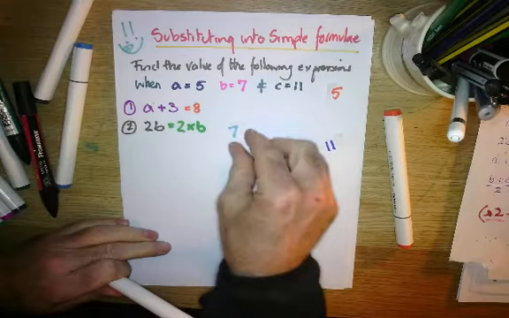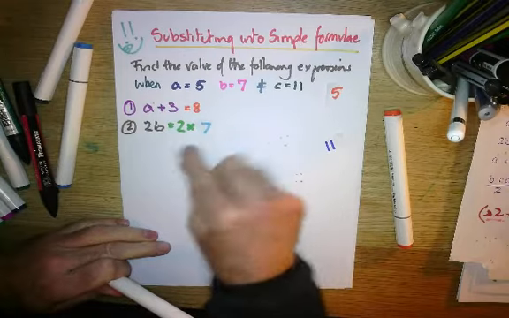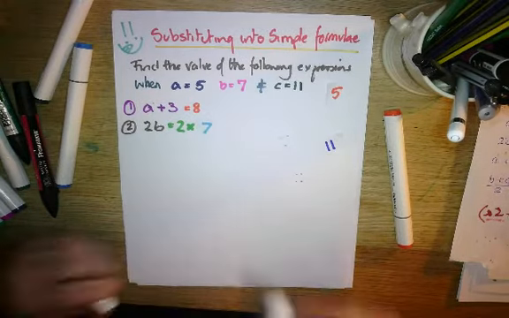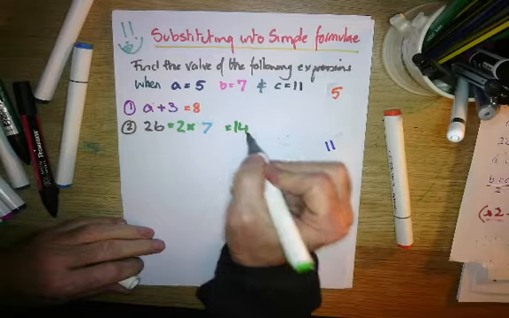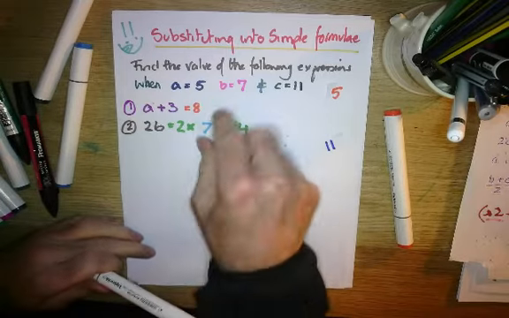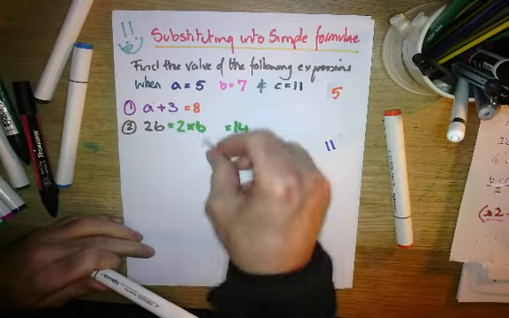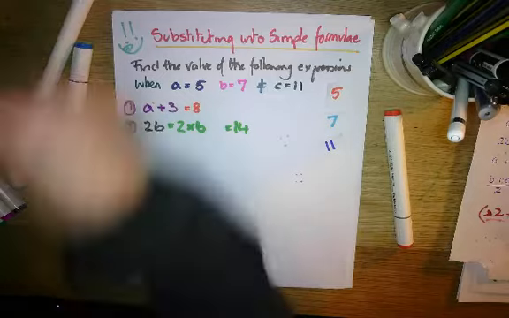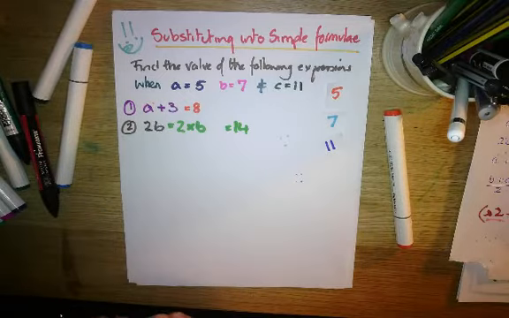And then if I substitute the 7 in there, you can see the value is going to be 14. So when b is 7, it's 2 times 7, and that's how you do that. It's kind of neat.